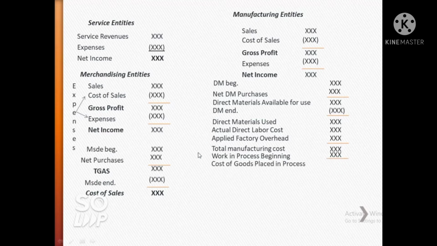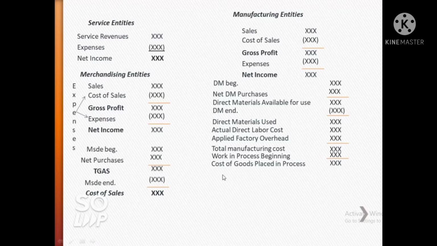So, in order to understand the logic, think of the total manufacturing cost as the started units now, and the work in process beginning is started in the past but still unfinished. So these two, the started now plus the unfinished units, will be placed in process, and their costs, the two of them, is what we call the cost of goods placed in process.